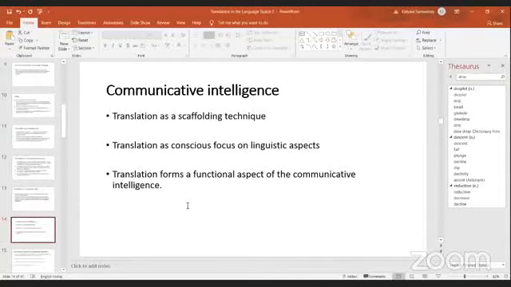So translation can be used as a scaffolding technique in language learning, in language classes, when the support of the first language or the mother tongue can be used to support the learning of the other language. Translation can focus consciously on the linguistic aspects so that these can be learned with much less effort. So translation forms a functional aspect of the communicative intelligence as well.